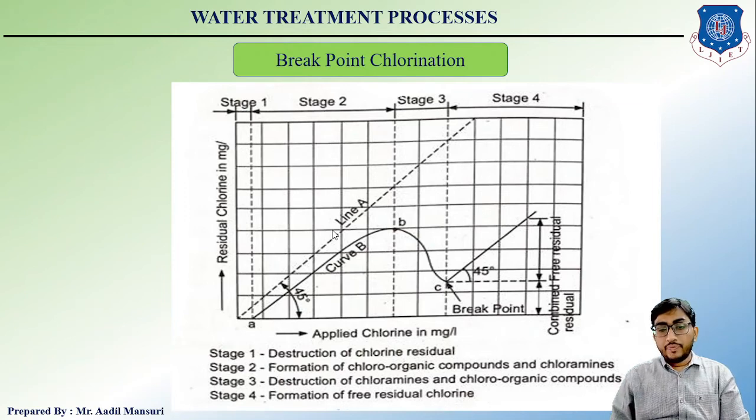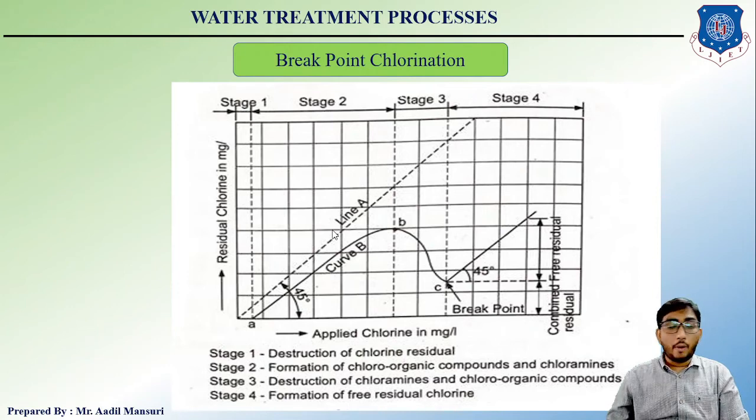Okay, but in case of water containing organic matter and other impurities, as chlorine is added, readily oxidizable substances such as Fe2+, that is iron, then manganese ion, that is Mn2+, then hydrogen sulfide and other organic matter react with the chlorine and reduce most of it to the chloride ion.